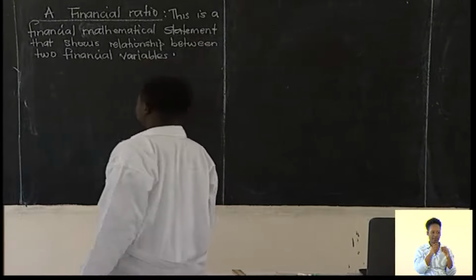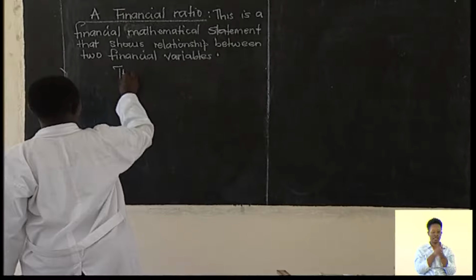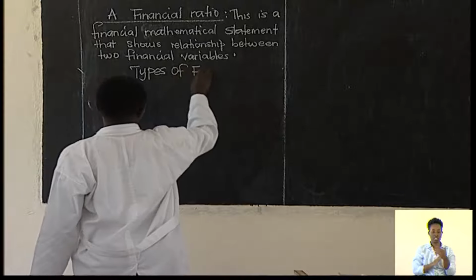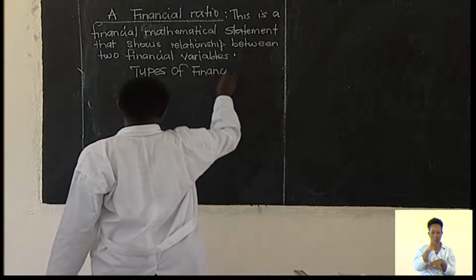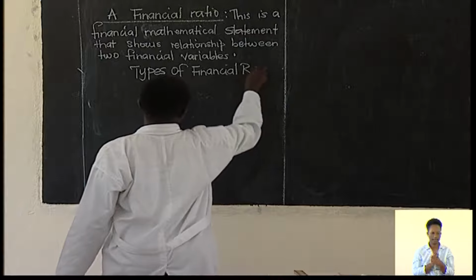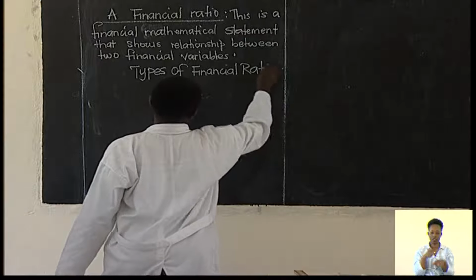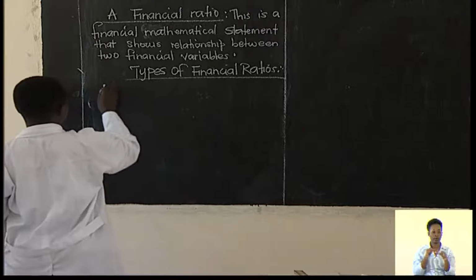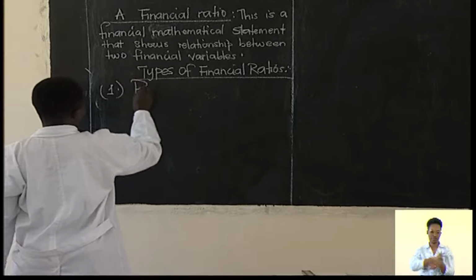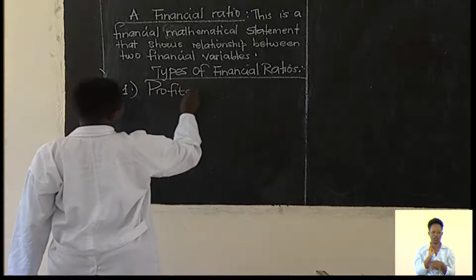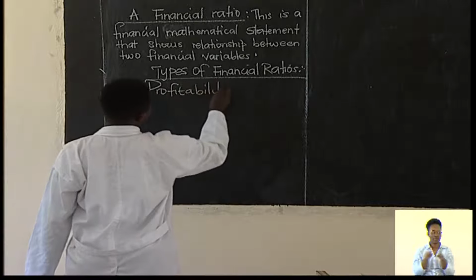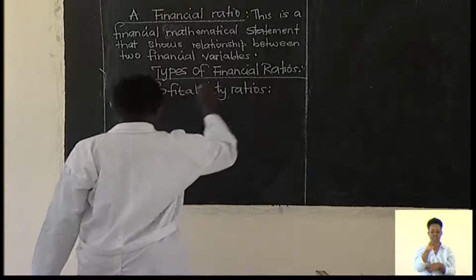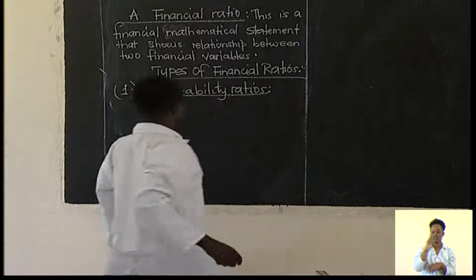And in this case, when it comes to types, we have to look at some types of financial ratios. We shall talk about what we call profitability ratios, as our number one. So what are these ratios? From the word profit.